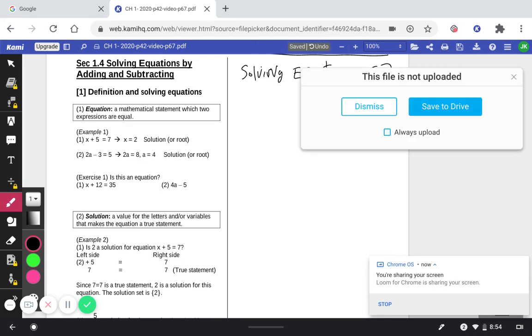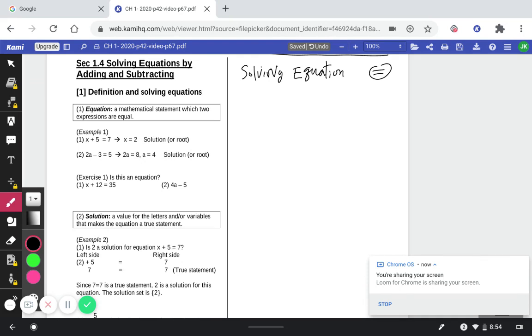Okay? So now when you have equations, it's a mathematical statement in which two expressions are equal. So equation means something to do with the equal sign. One expression on the left side is equal to another expression on the right side.